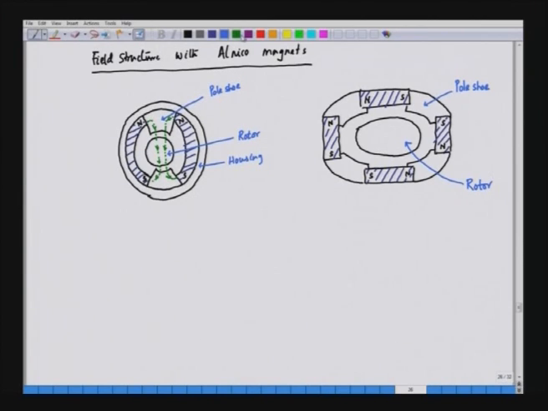And what about the flux lines? The flux lines will be coming out of the north pole and entering the south pole.